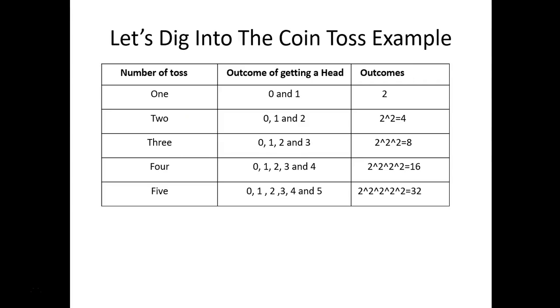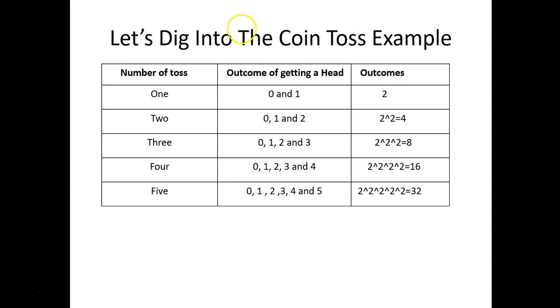Now if I dig into this coin toss example a bit, what happens? If I am not just tossing once but tossing twice, then there are three possibilities. If I toss twice, then the possibilities of head are either I can get 0 heads, that is both times I get tail, or there can be 1 head and 1 tail, and there can be 2 heads.